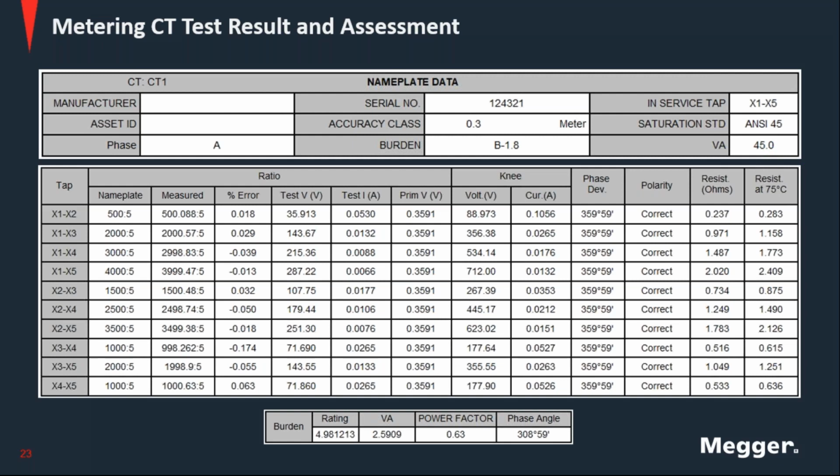We are evaluating this under the ANSI standard. Depending on this accuracy class, you could have an IEC standard. So remember, there are different standards.